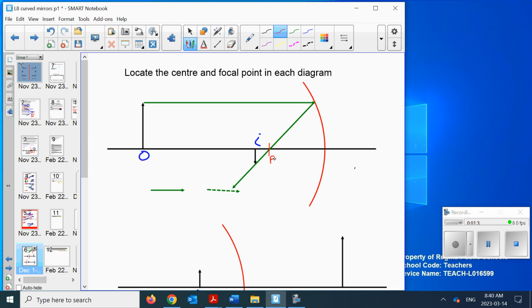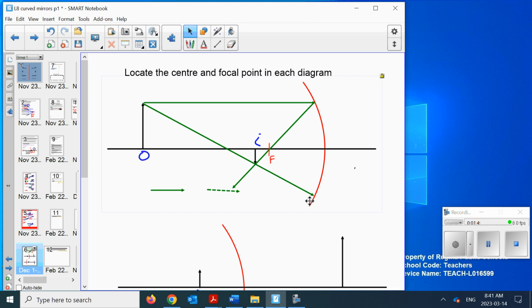Okay. And the other rule that I like, the only rule that finds the center: if something goes through the center, it comes back on the center. But it also lines up with the tip of the image.